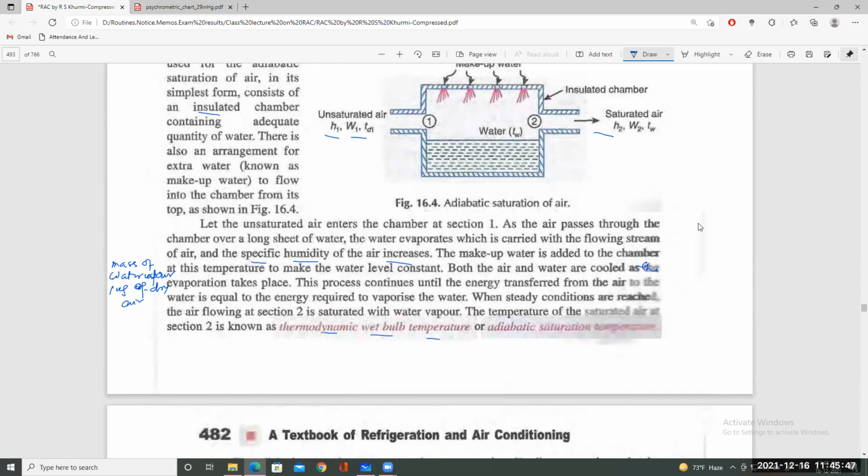When steady conditions are reached, the air flowing at section 2 is saturated with water vapor. If you take the temperature of the saturated water, you get the thermodynamic wet bulb temperature.